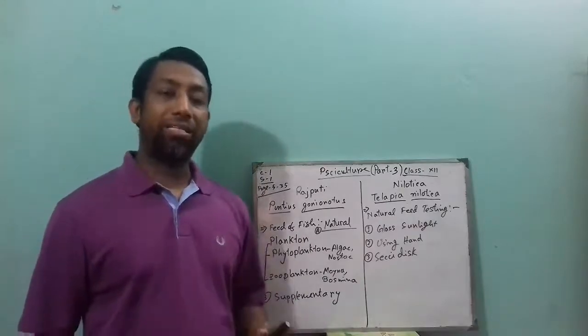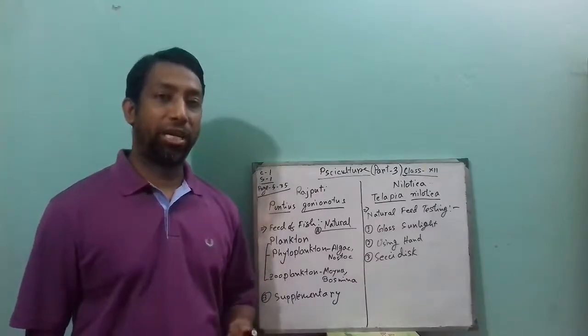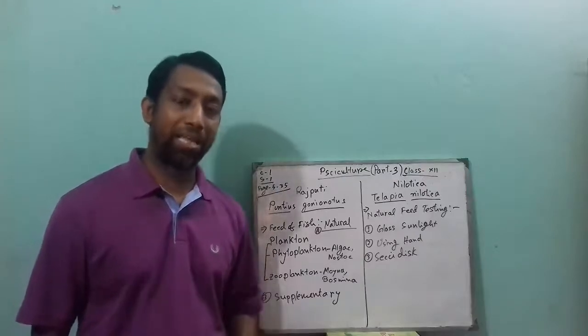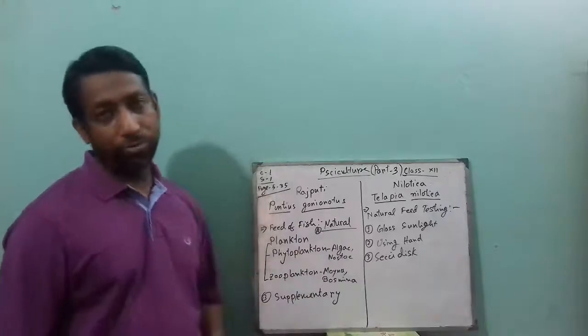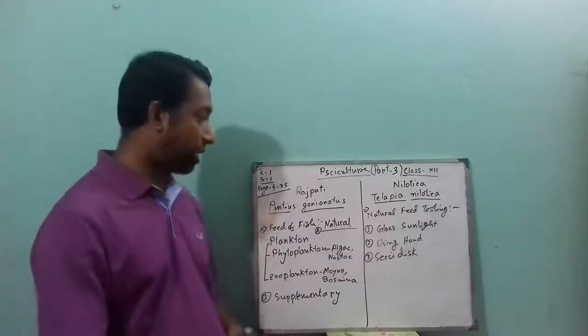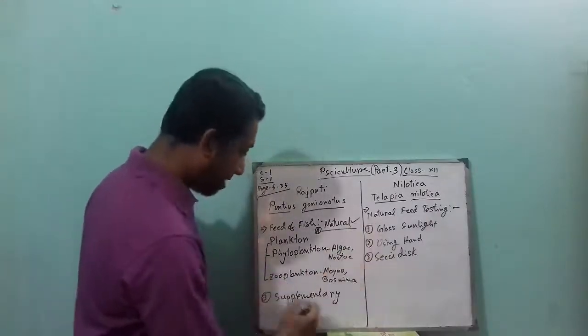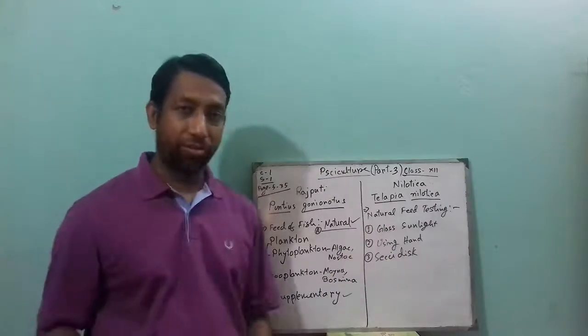So what is the feed quality of the fish and what kind of feed you have to apply in the pond? There will be two types of feed for fish, one is natural feed and one is supplementary feed.